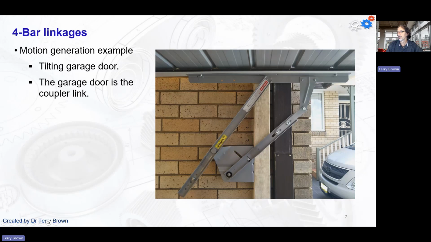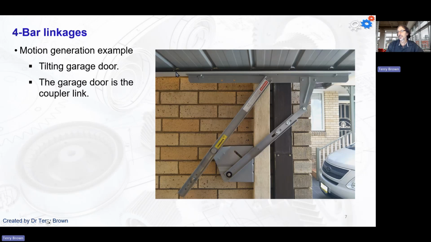Then we've got, let's call this the input link. Then the door is the coupler link, and then this is the output link. It's not really an output link, but yeah. So ground link here, and this is your coupler link, and that's the motion that we want to control.